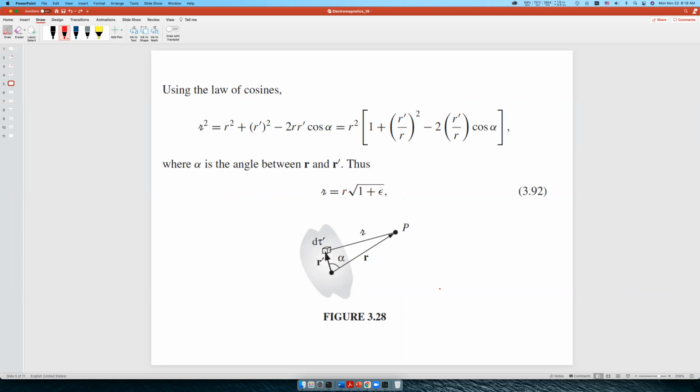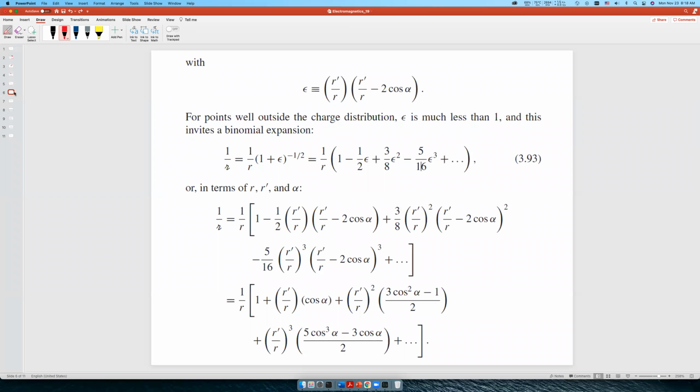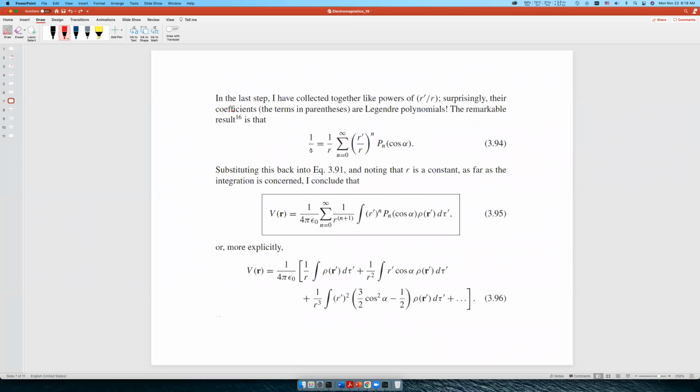Then R equals R times the square root of 1 plus epsilon, where epsilon equals this equation. After a lot of derivation, you will finally get the conclusion for 1 over r equals this term.